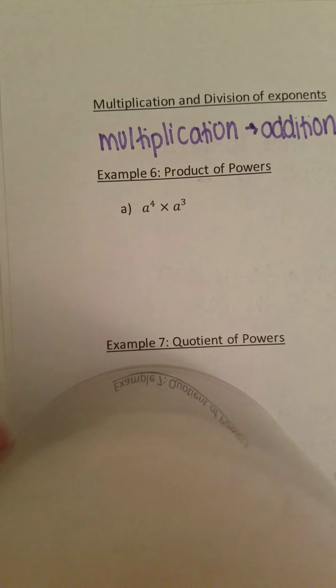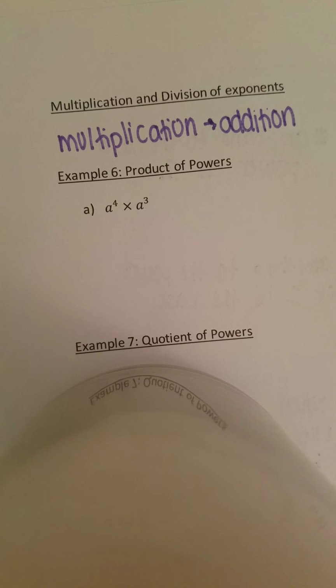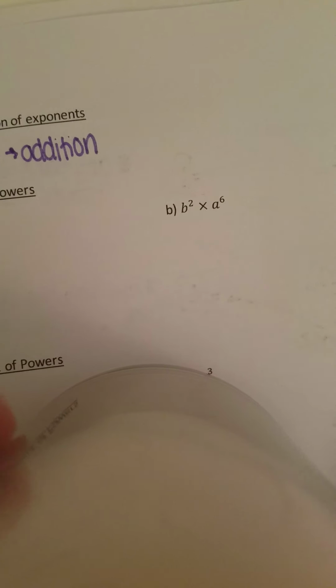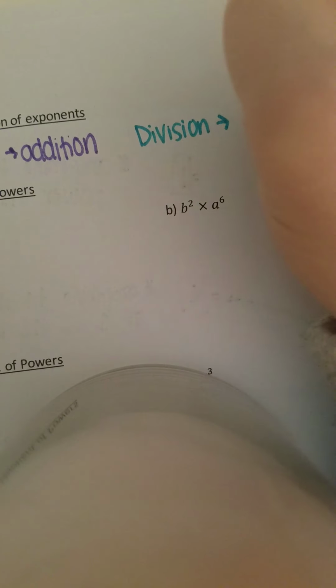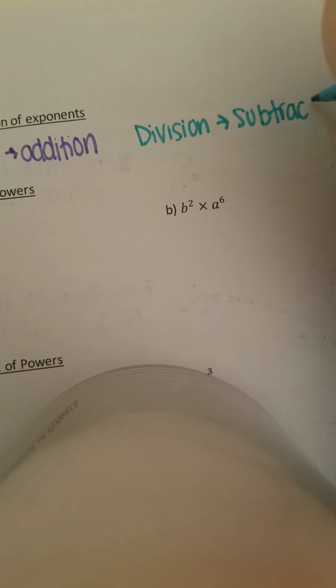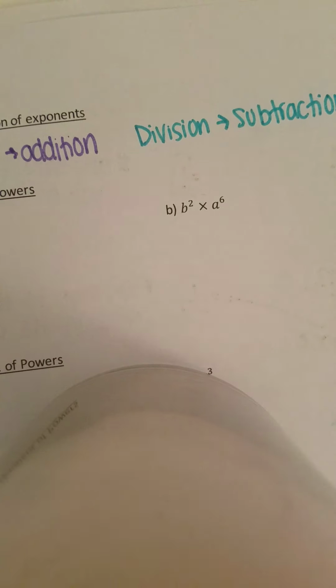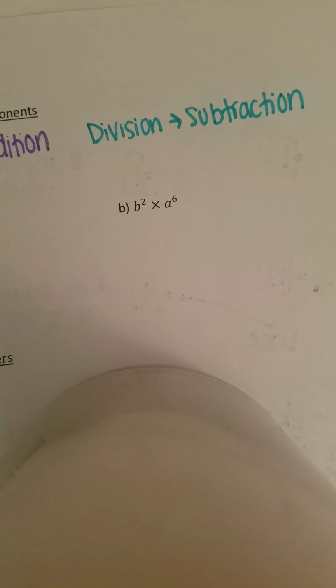You can think, always getting bigger, right? When you multiply, you get more. When you add things together, you get more. And so if multiplication goes with addition, then division is going to go with subtraction. Division, you're dividing things into smaller groups, or subtraction, you are taking things away.